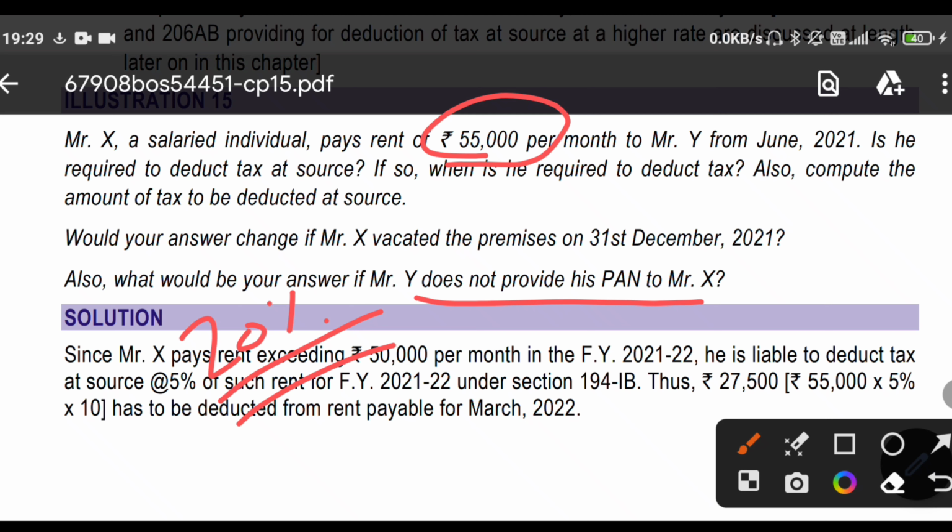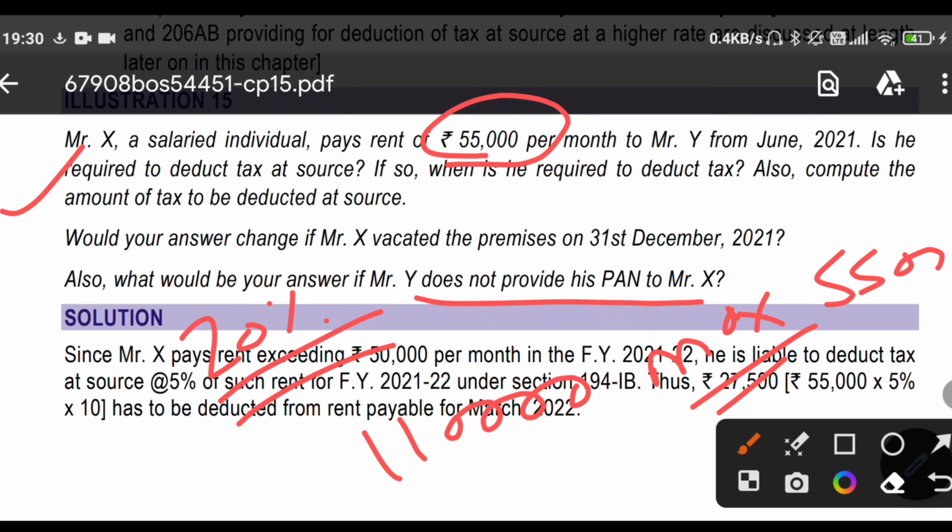So let's calculate in the first case if PAN is not provided. So 5,50,000 is the total rent into 20%. So 1,10,000 is required to be deducted, but the maximum that can be deducted is 55,000. That is the rent of the last month. And in this case 3,85,000 is the total rent, and into 20% it is 77,000.